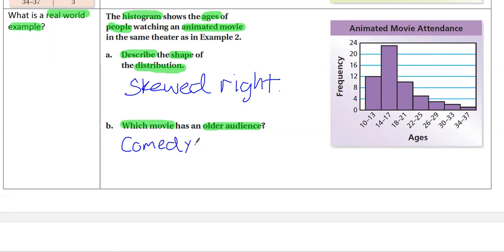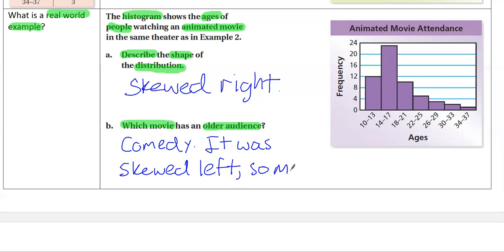And I'm going to actually explain why. Comedy. Which movie has an older audience? It was skewed left. So most of the data was on the right side, which were the older ages.